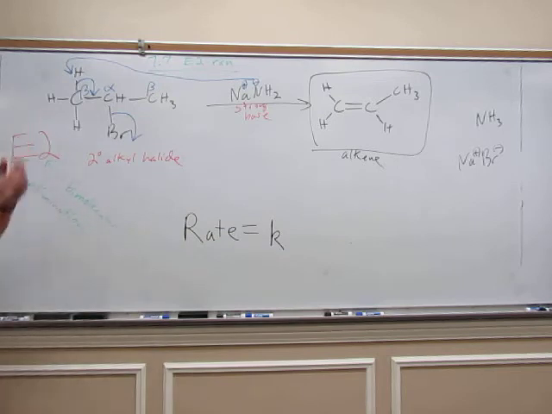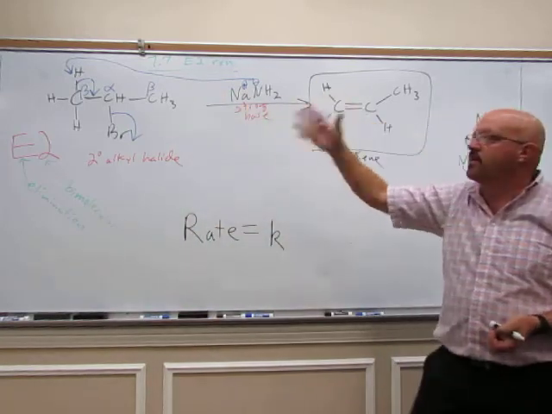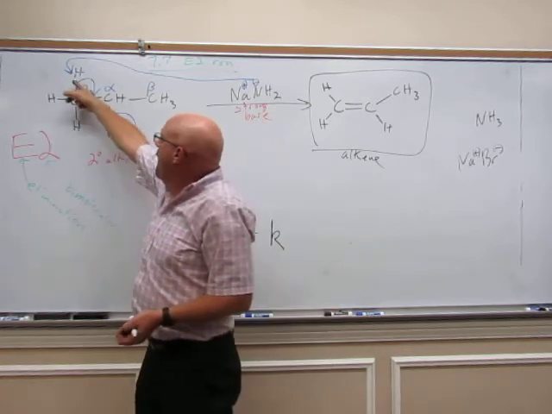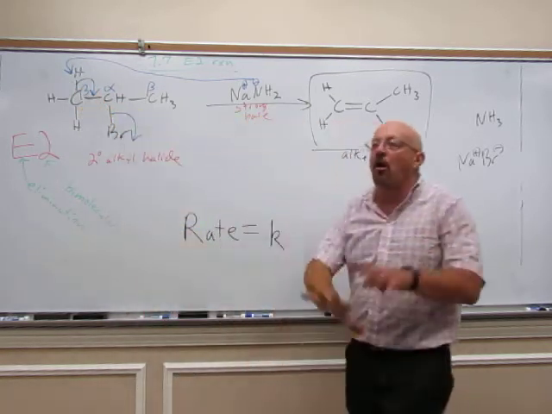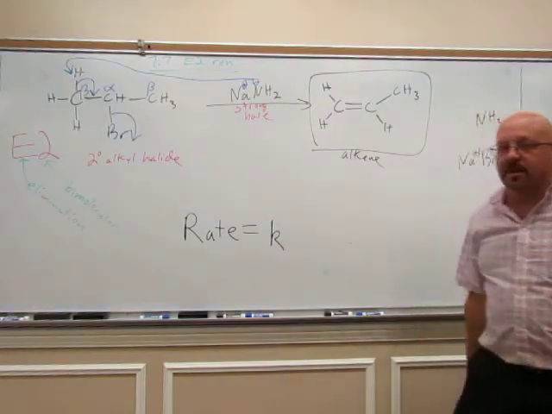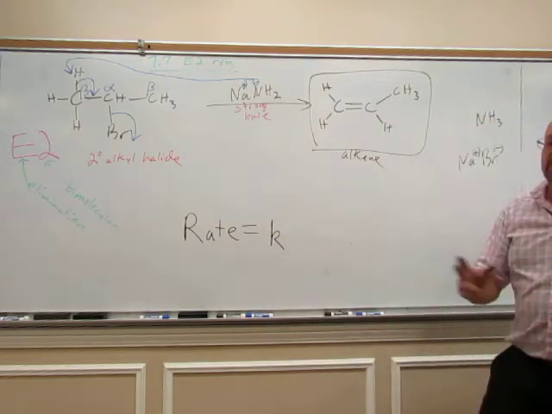Well, if you look, we only have one step. Everything happens in one step. All of this happens at exactly the same time. The base grabs the beta hydrogen at the same time the electrons kick in to form the double bond, at the same time our leaving group leaves. That all happens at exactly the same time. I only have the one step. So the rate equals the rate constant of our slowest step.